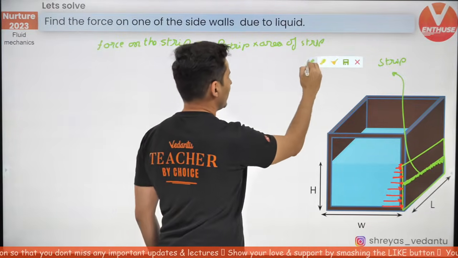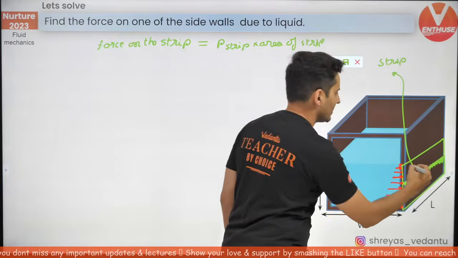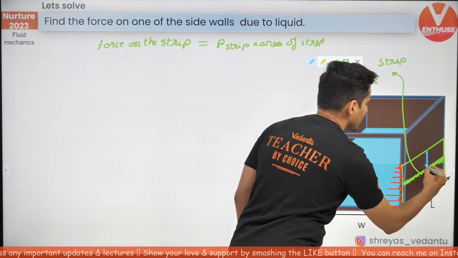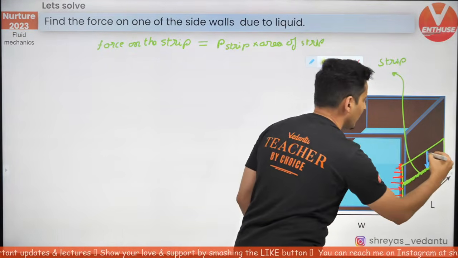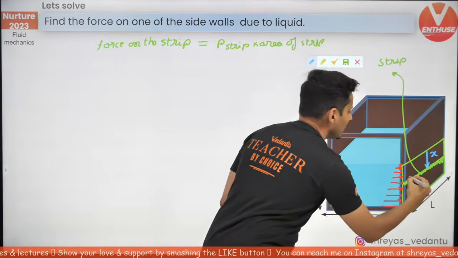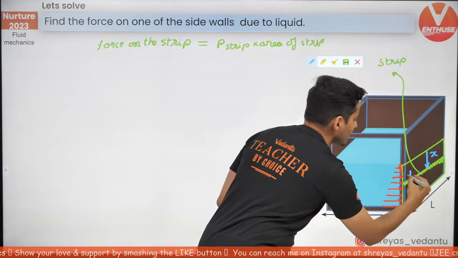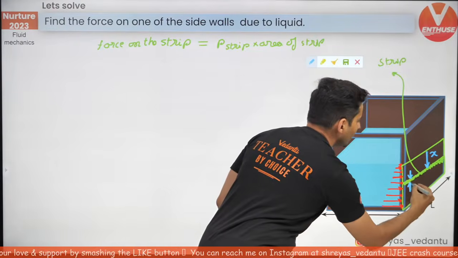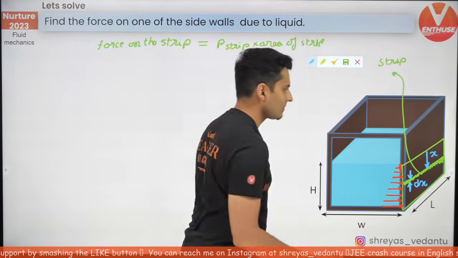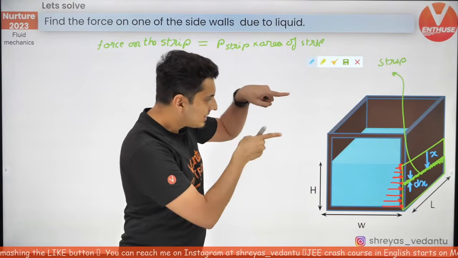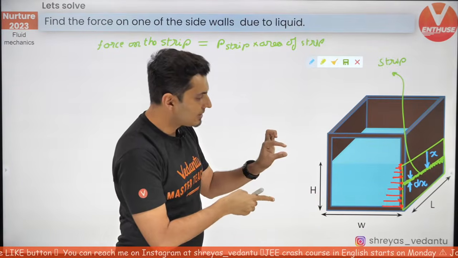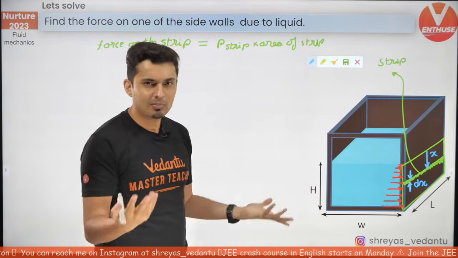For example, let's say this is depth, x. If that is x, this width will be dx. If this is y, that is dy. So that's how it works.